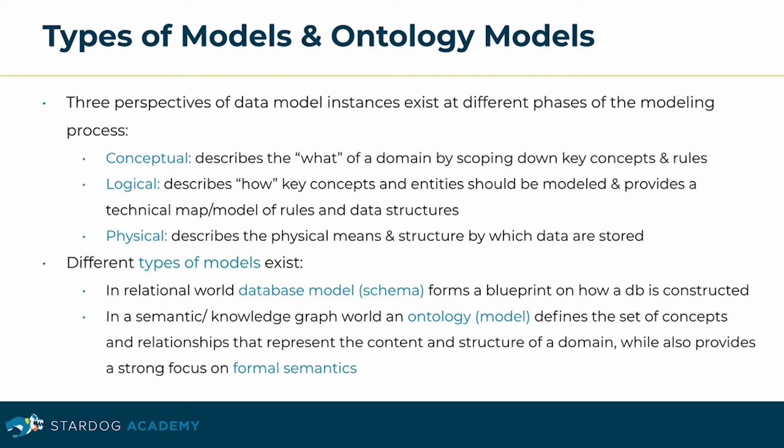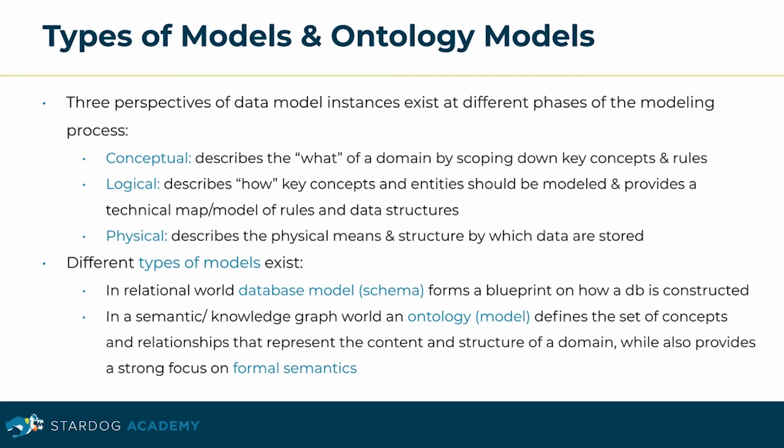Then we have a logical model. This describes how key concepts and entities should be modeled and provides a technical map and model of the rules and the data structures. And then we have the physical model that basically describes the physical means and structure by which data are stored. There are also different types of models that exist out there.